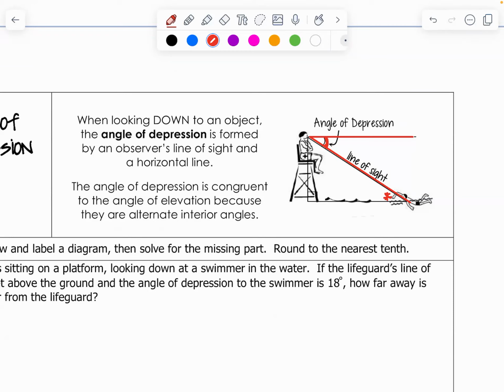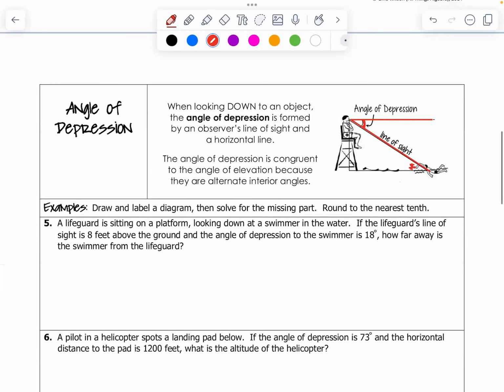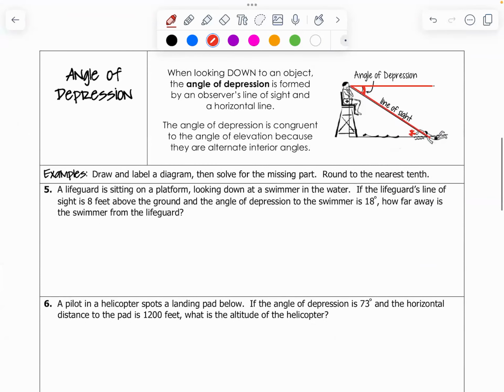So you'll see some patterns as you draw these. Okay, a lifeguard is sitting on a platform, looking down at a swimmer.